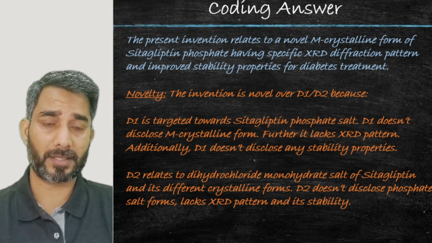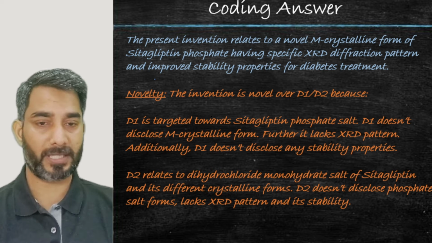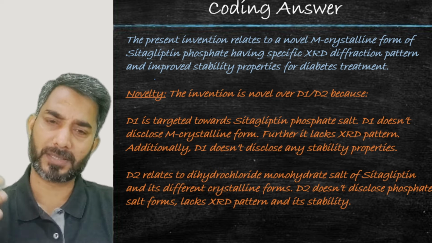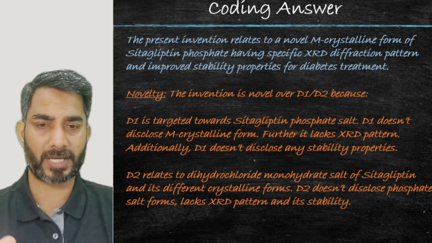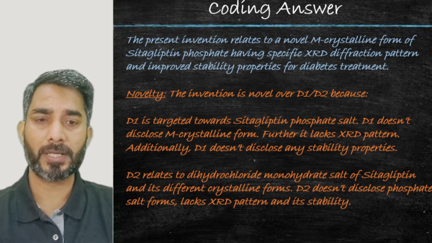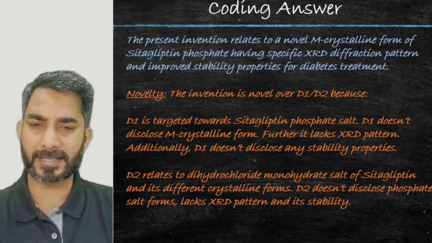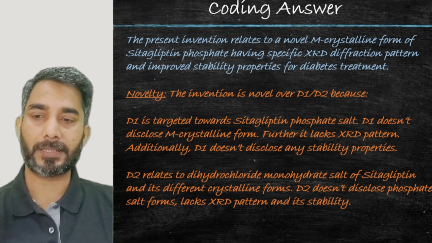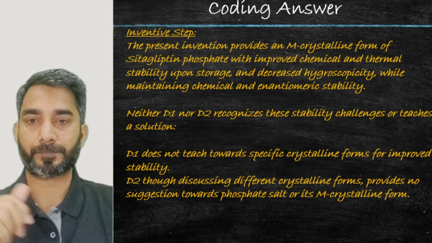It doesn't talk about XRD pattern also, and it doesn't talk about any stability properties as well. Similarly, D2 also talks about some other salt, which is not the salt that we are talking about. It also talking about some other crystalline form, which we are not talking about, and lacks the XRD pattern and stability. Simple. Let's see how we can tackle the inventive aspect as well.